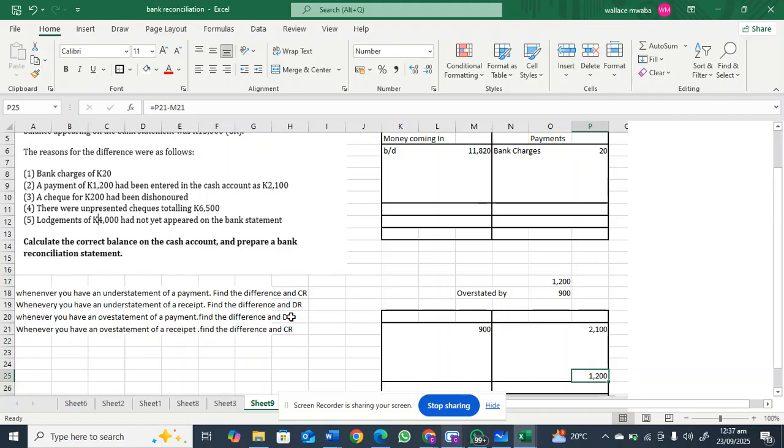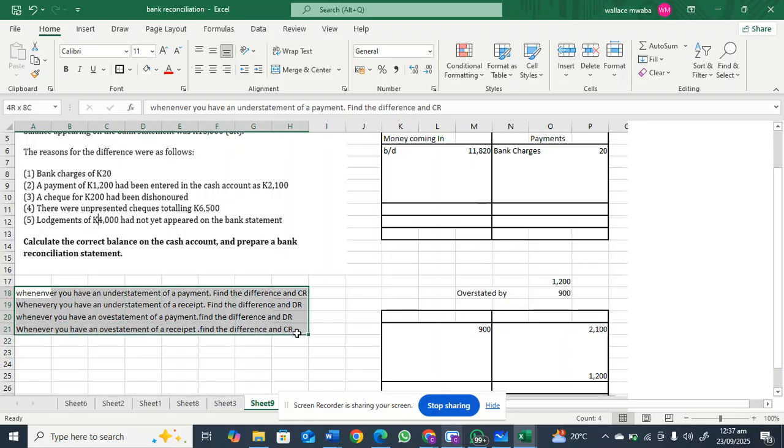Find the difference, then credit the cash book. Just remember these 4 points I've put here, because usually in these types of questions, you might have an overstated payment, an understated payment, an overstated receipt, or an understated receipt. So you must know how to correct these errors.